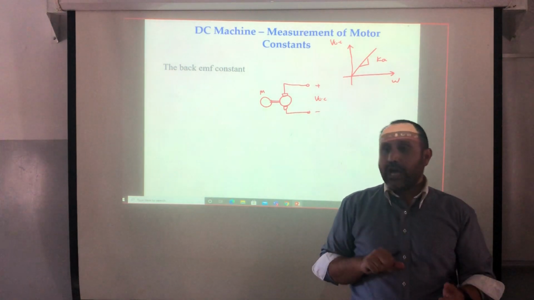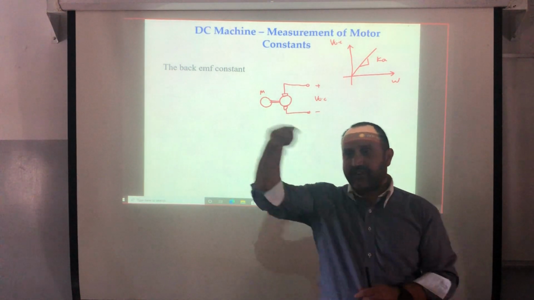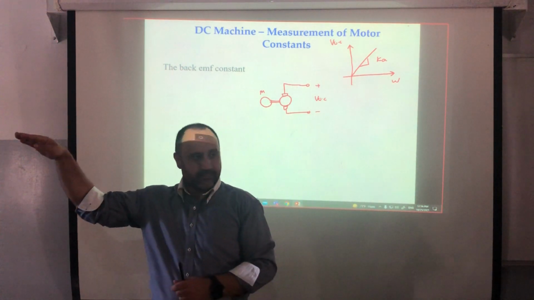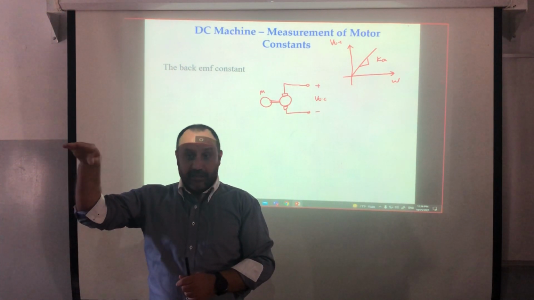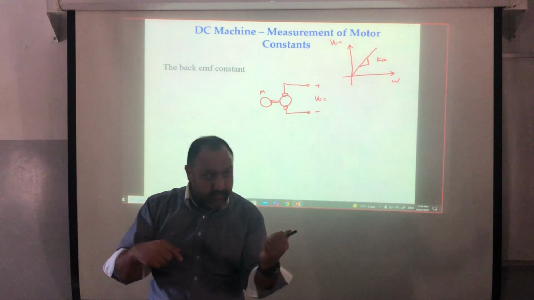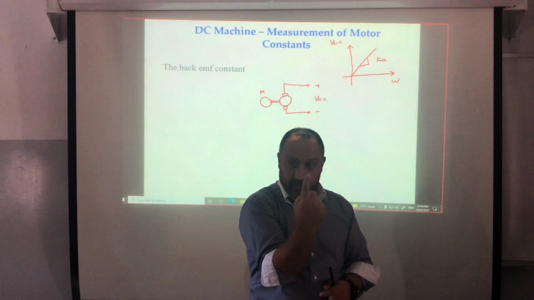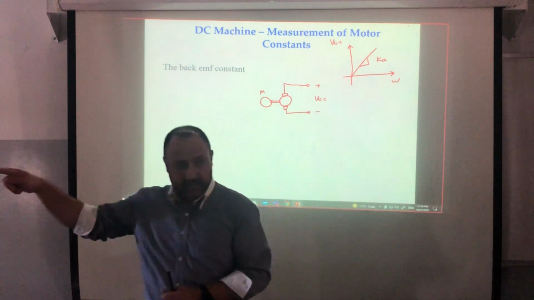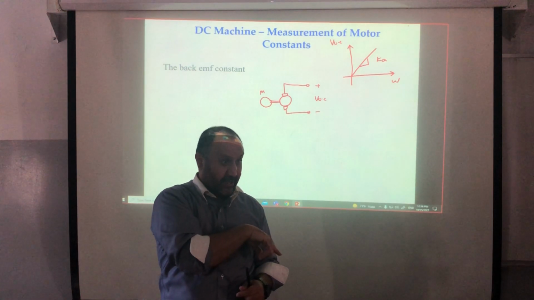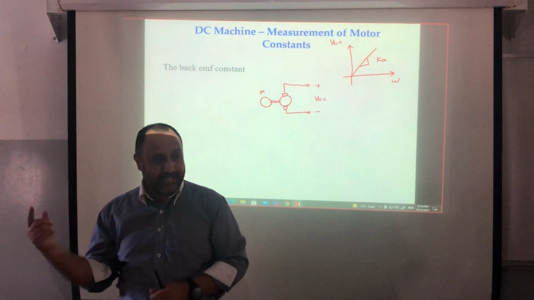Now I will give a step reference for the current, and I will calculate the speed response. The speed response with respect to the torque as input is first order, correct? What I will get is omega steady state and the time constant.